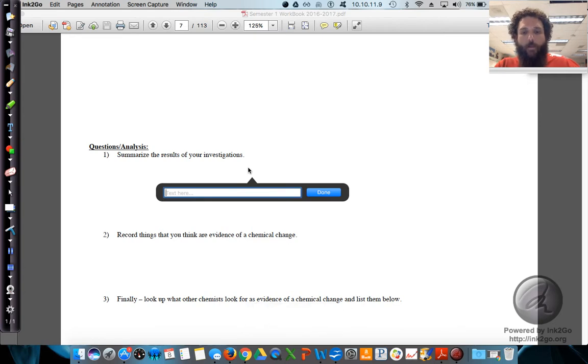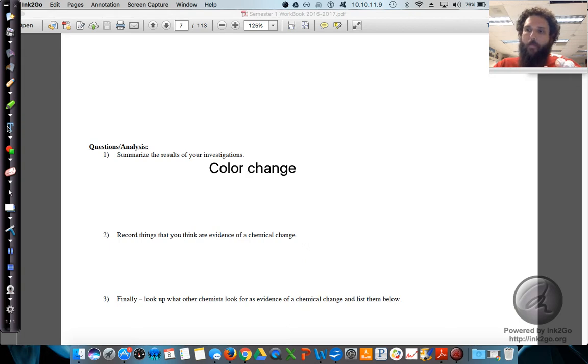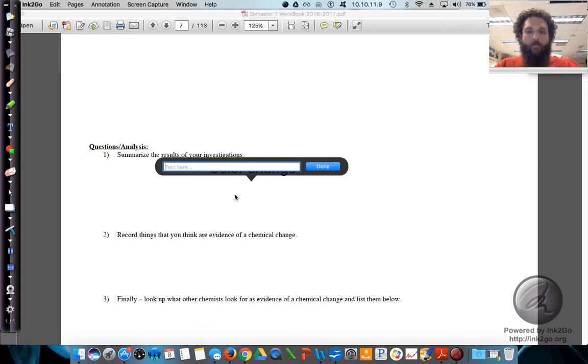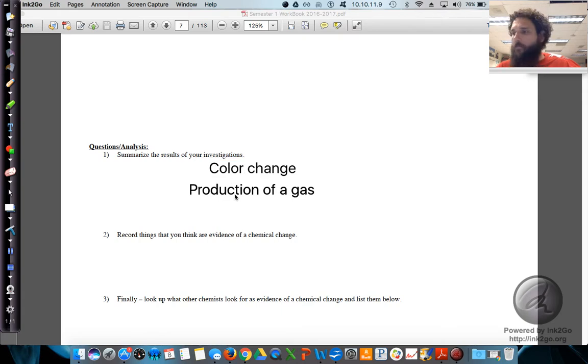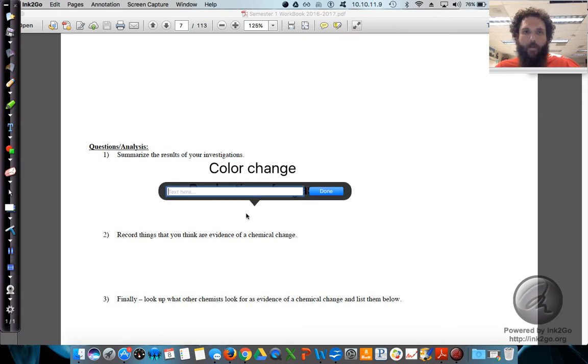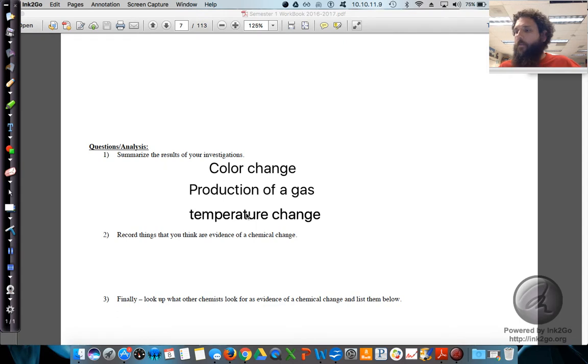It is that we had a color change, we had production of a gas, and we had temperature change. Those are three different observations that we should have made in order to tell that a chemical change was occurring: color change, production of a gas, and temperature change.